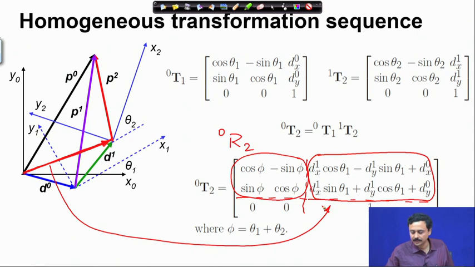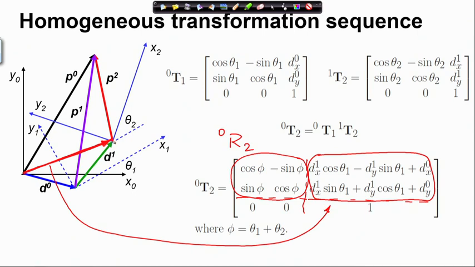So, it is the location of the origin of frame 2 in frame 0. So, this vector is nothing but the location of the origin of frame 2 in x0 y0, and this rotation matrix R 2 to 0 is given by this entry of the homogeneous transformation matrix T from 2 to 0.